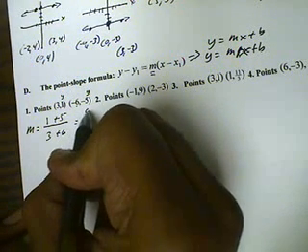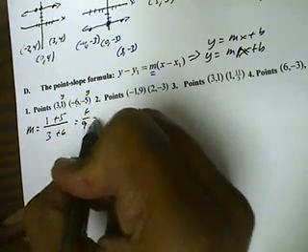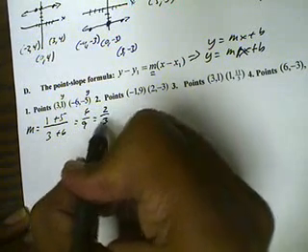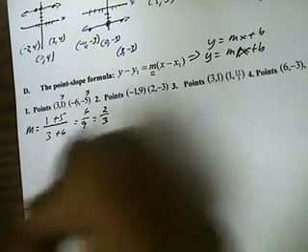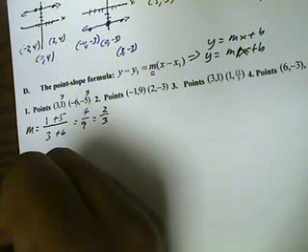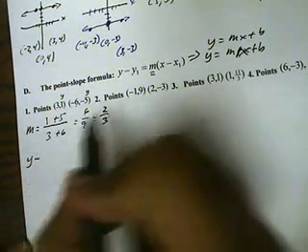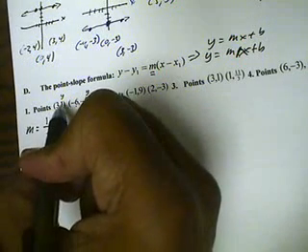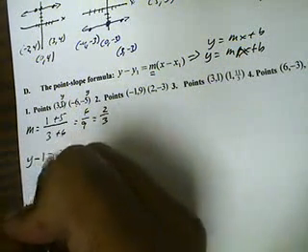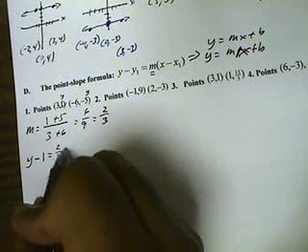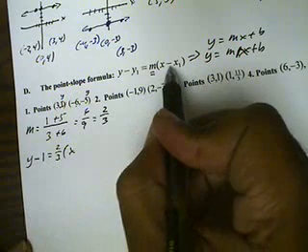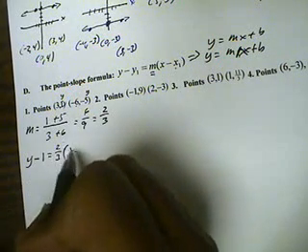This will give me 6 over 9, which is 2/3. Then from there, we're going to use the point-slope formula, which is y, the opposite of y, which will be -1, equals the slope 2/3 times x, and the opposite of x will be a -1.